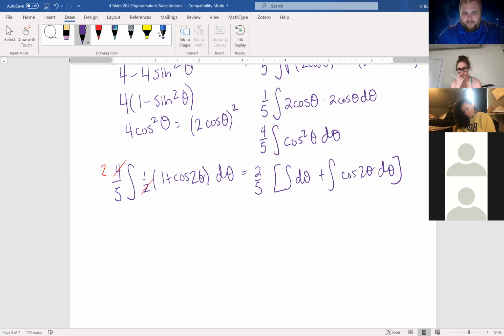And I can split that into 2 separate integrals. We know that the integral of d theta is going to return theta. The integral of cosine is going to give us back sine. And because there is a 2 inside, we're going to get a 1/2 in front.